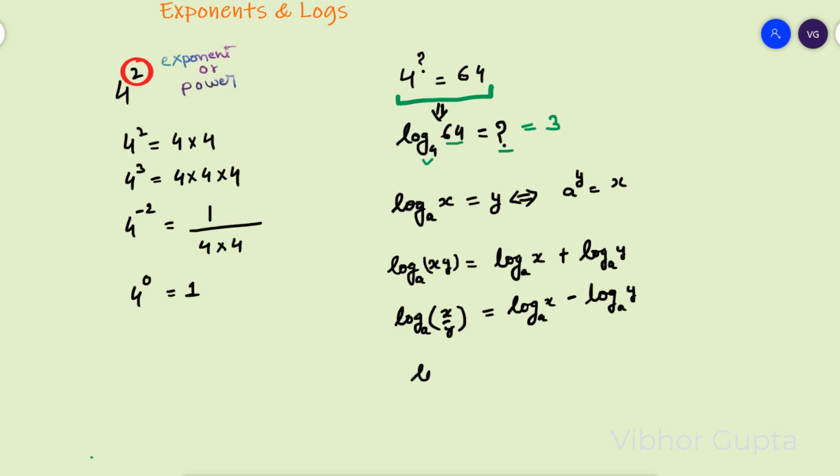Okay, if you have, let's say, log base a of x to the power y, then you can take y out here, so it would be y log x base a. Okay, now let's ask Python to calculate the exponent or log for us.